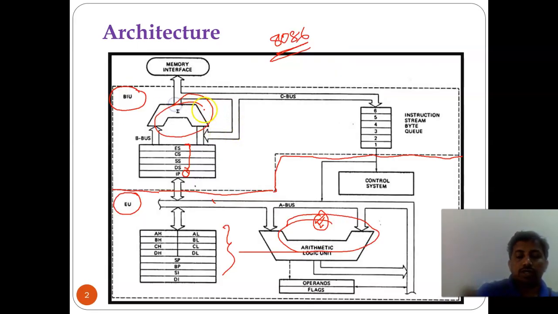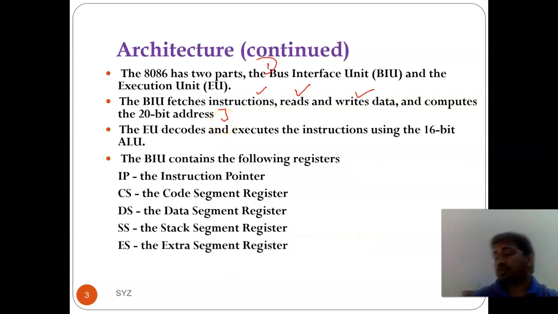Using this summation, it forms the segment address plus the base address, and you get the total 20-bit address bus. We will discuss how to calculate the physical address in classroom discussion number 7, so till then we'll go ahead with this one.